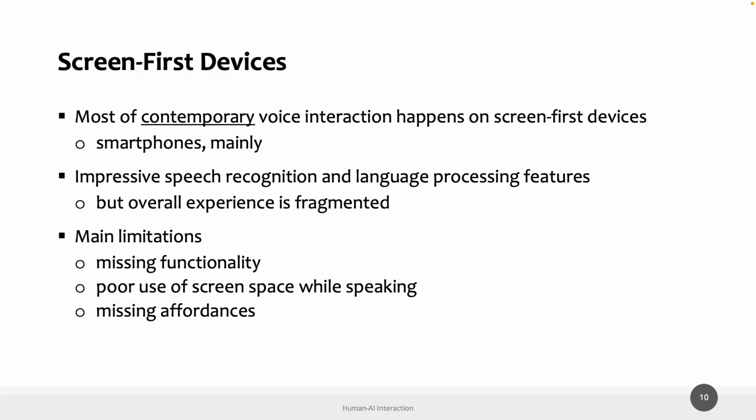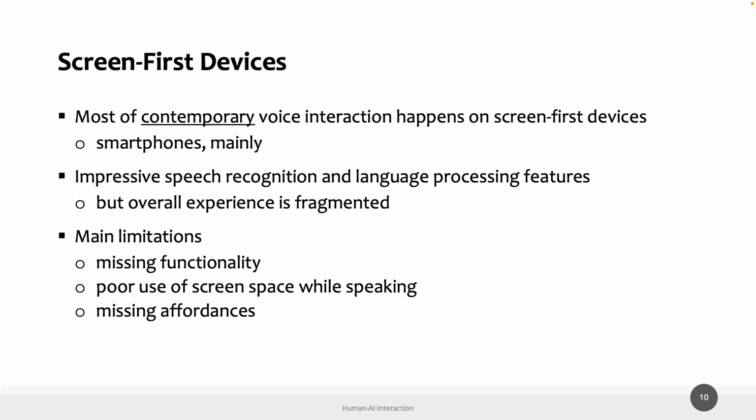Okay, so screen-first devices, as we said, are smartphones, tablets, and so on, and they are nowadays definitely the most common examples of systems that can exploit voice interaction. These devices typically have impressive speech recognition, and they can process language very efficiently, but the overall experience is quite different.